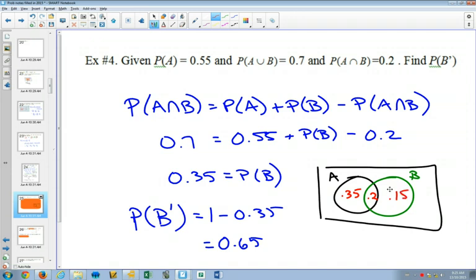So we see that the probability of B is 0.35, so the probability of not B would be 0.65. So there's 0.35 here, 0.35 there, 0.3 on the outside here. Not B would be this 0.35 plus that 0.3, and you could use a Venn diagram to solve for this one as well.